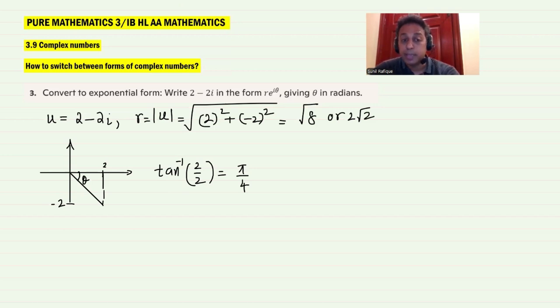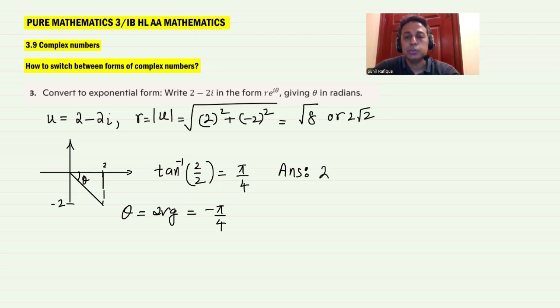But stop and think. You can either go anti-clockwise, or, since no domain is given, you can go clockwise. Let's take a clockwise value. So the actual value of the argument, which is theta, is going to be negative pi over 4 since it's the clockwise direction. So how do you write your answer?